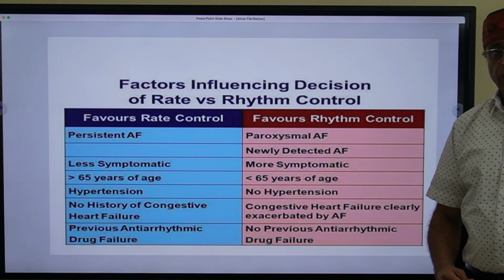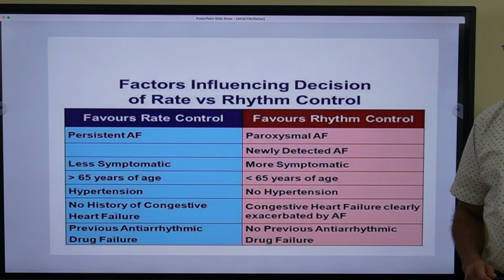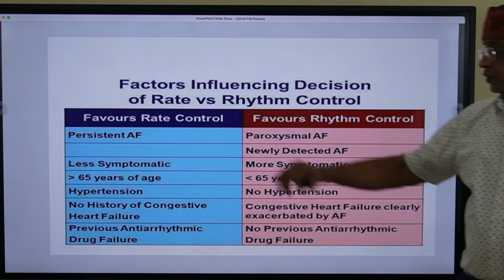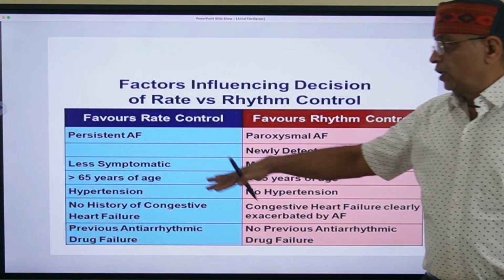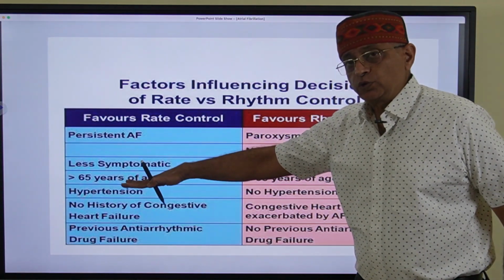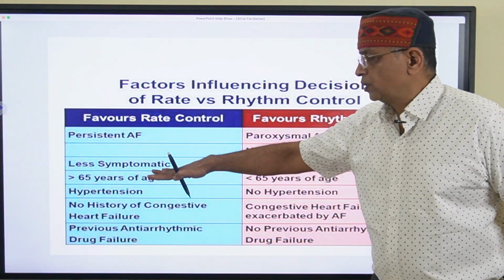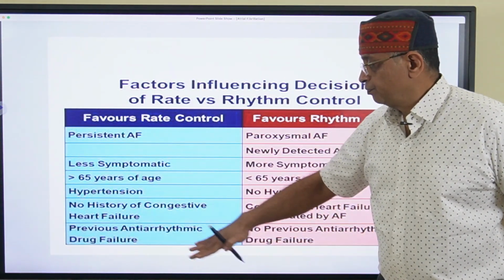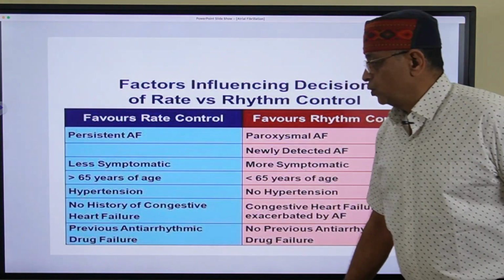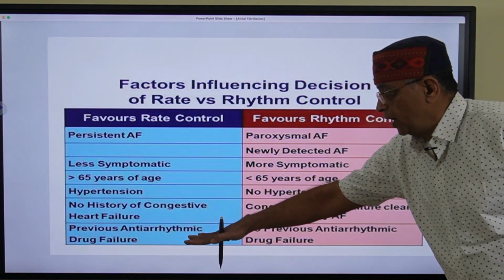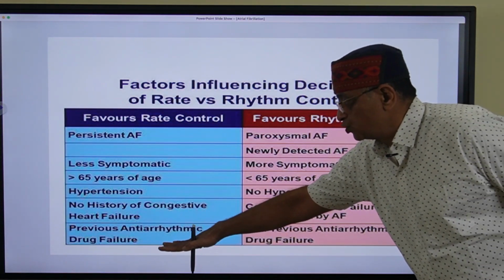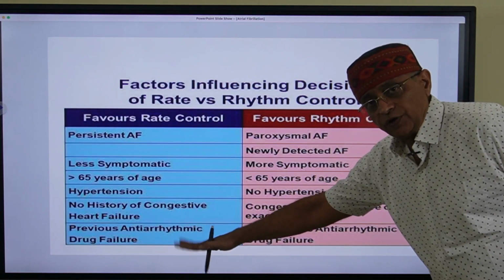Now, when do we prefer rate control or rhythm control? So factors which favor rate control: usually a patient more than 65 years of age, who has persistent AF, who does not have much symptoms, patient is hypertensive, no history of congestive heart failure, and patient has history of previous antiarrhythmic drug failure.